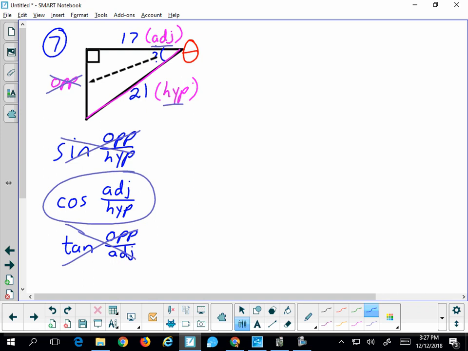So just as a reminder, our trig function formula looks like this. Cosine theta equals the adjacent side over the hypotenuse. All right, so I fill in every value that I'm given.